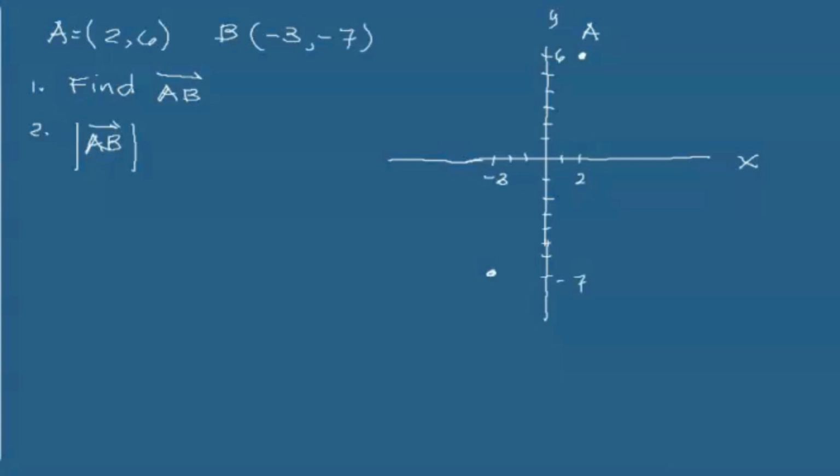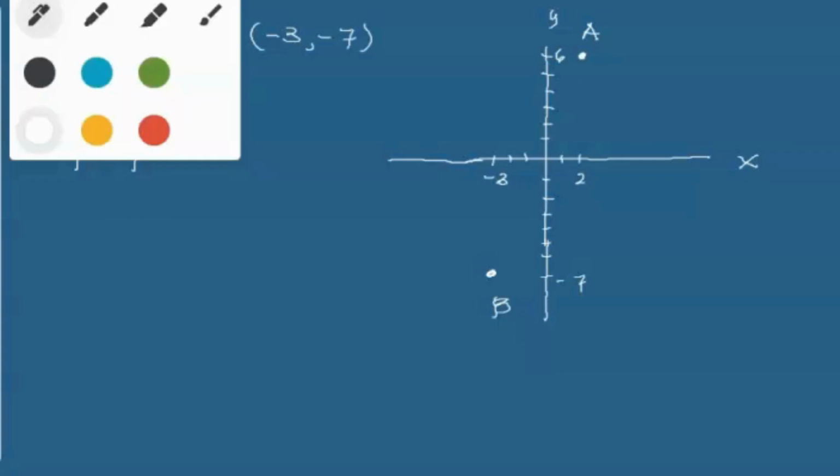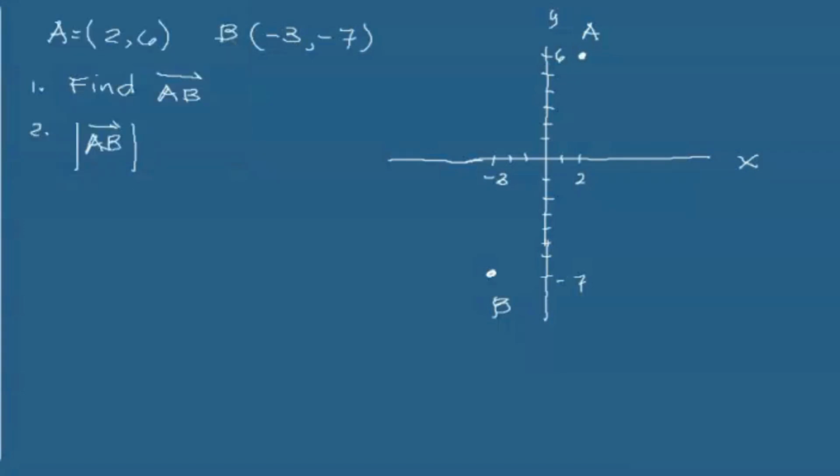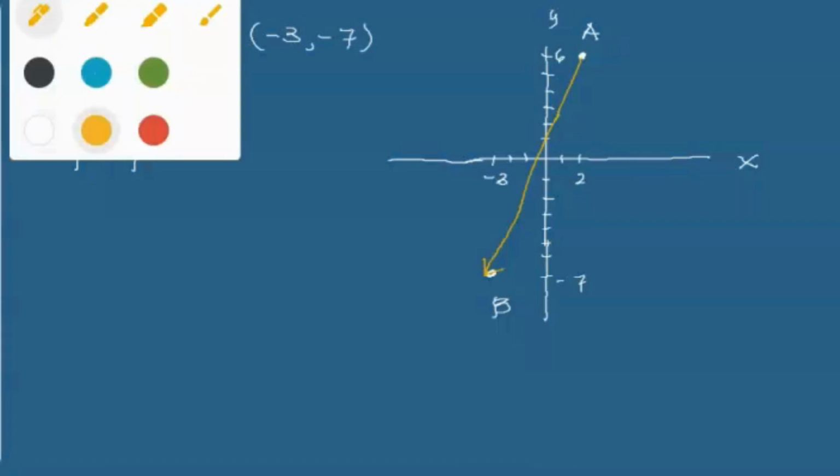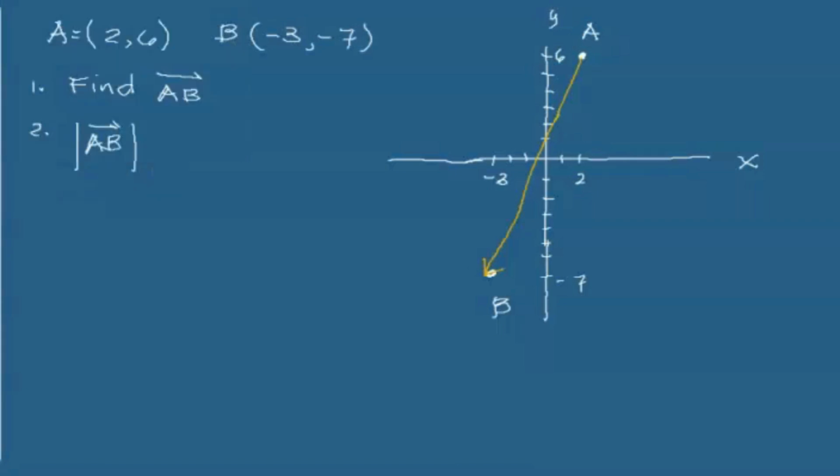Okay, and this is point B. So we have our vector AB. So this is the graph of vector AB that starts at point A and ends at point B. So one thing that we need to know here is how far the vector moved vertically and horizontally.